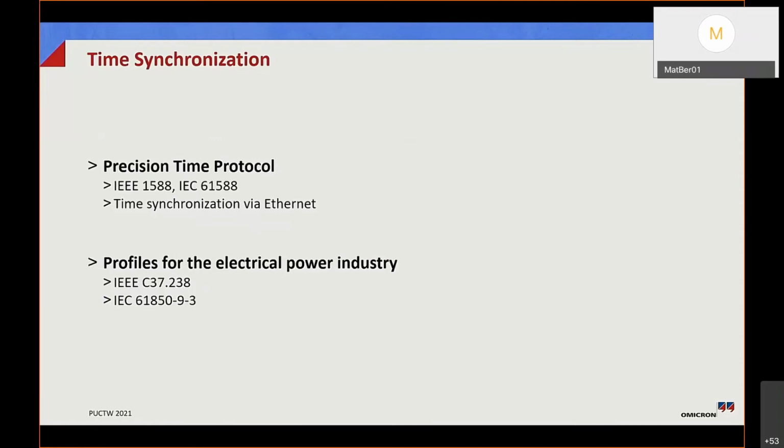Now, what did we get in turn to solve these shortcomings and to remove these obstacles? In the meanwhile, the precision time protocol, IEEE 1588, had made its way into our industry. It's really a very elegant solution. We can distribute time via the Ethernet.